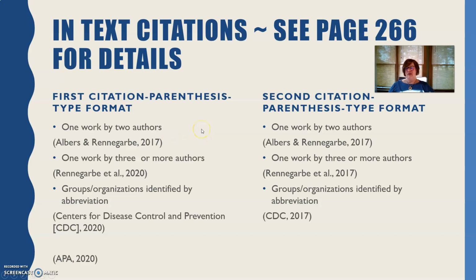If you're using the authors' names as part of the sentence, you would say, in this case, Albers and Renegar, and then you would put the 2017 in parentheses, discussed, and then go from there. So when it's in sentence format, we use the word "and." When it's in the parentheses in a citation, then we use the ampersand sign. So kind of keep that in mind, because that's a common thing too.